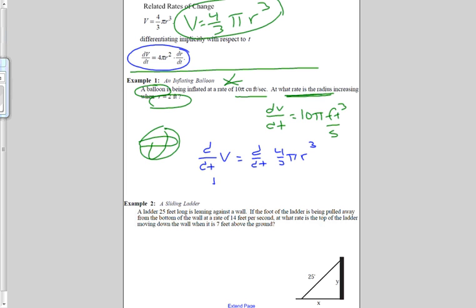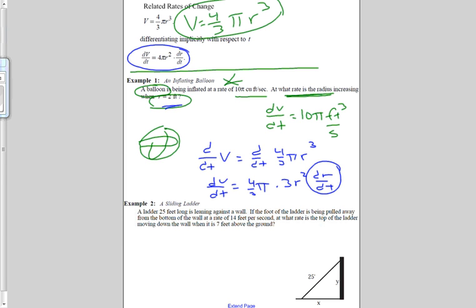The left side gives dV/dt, and the right side gives 4/3 pi times 3r squared dr/dt. We want to find dr/dt when r equals 2.